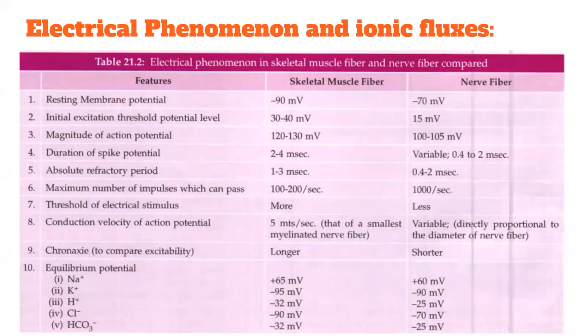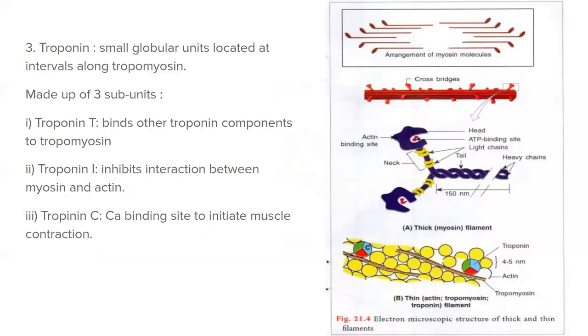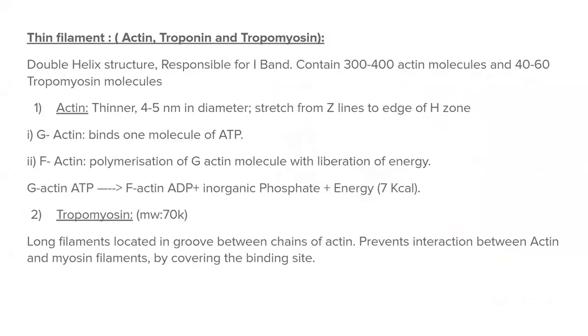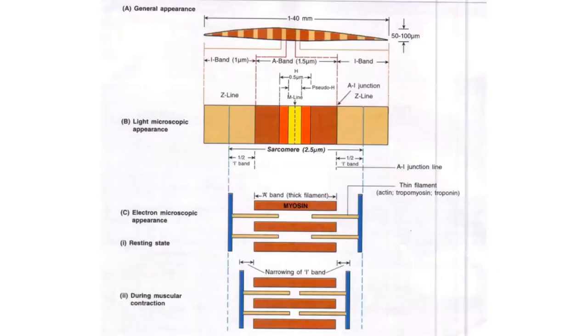So, where is the sarcotubular system? It's at the AI junction, I'll tell you. So we have a muscle fiber, we have each myofibril. Now each myofibril, I told you, has an A band and an I band. At the junction of A and I band, here. This is the AI junction.